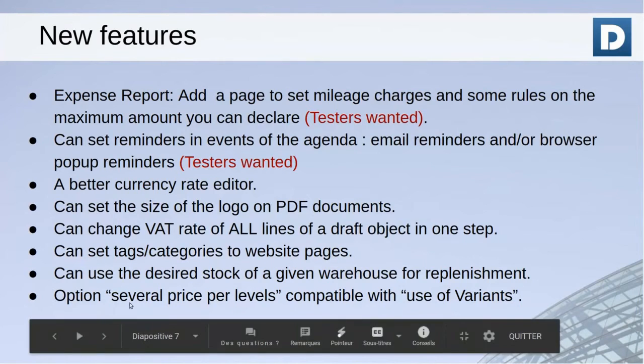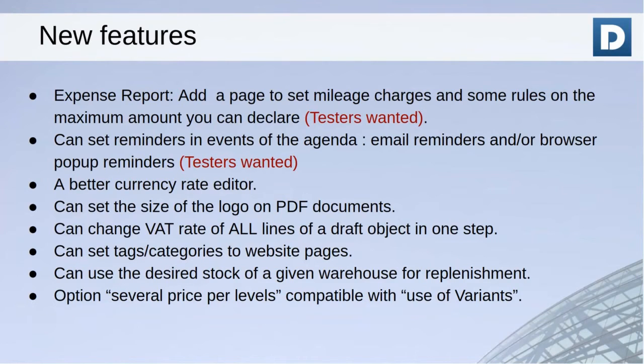You have the option to use several prices per level of customers. So it is an existing feature. You can say for each product, I have different product prices. For example, a level price A, a level price B, a level price C. Well, it was not compatible if you use the module variant.